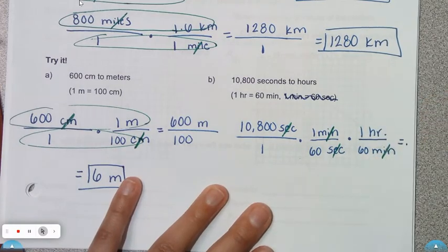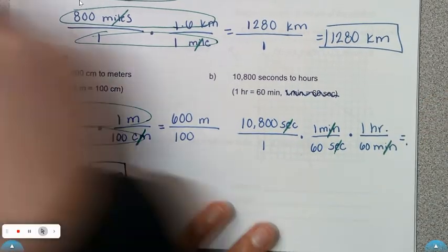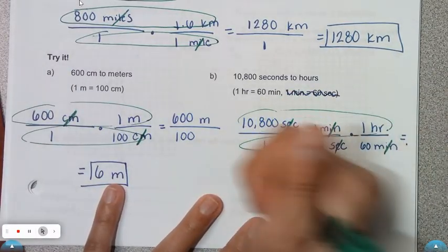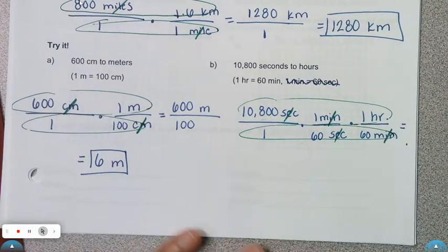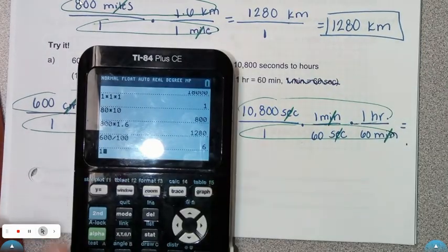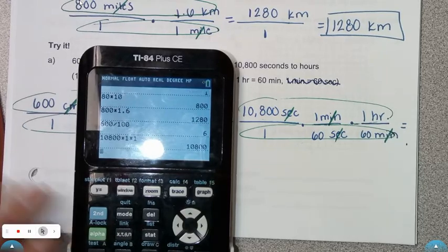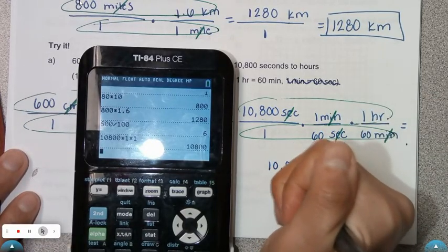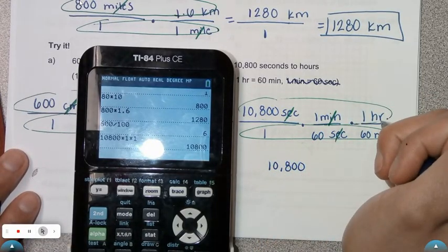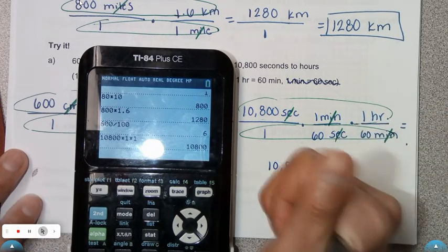My equal sign. Then I have to multiply all of the top and all of the bottom. So on the top, 10,800 times 1 times 1, that'll stay the same. And then don't forget your units, so we have hour.